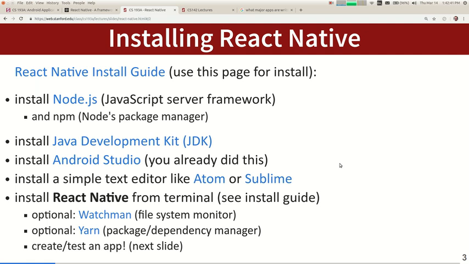Just kidding. But they have some that work well, like this one called Atom, which is made by the people who made GitHub. It's a free editor, and it seems to understand React pretty well, so I like using that. That's what I will use. Mac people, I think, sometimes like this Sublime text program. Whatever, you have to have some kind of simple text editor. You have to install it. There's a bunch of things you can install to get this to work.